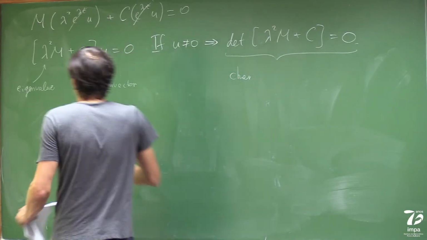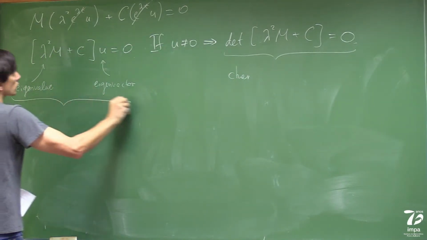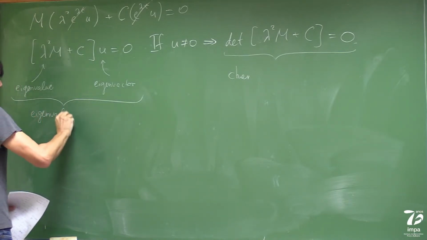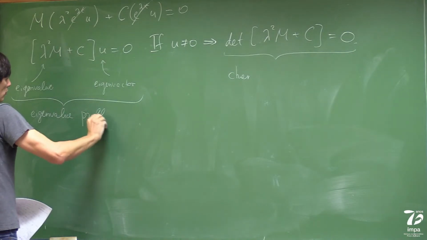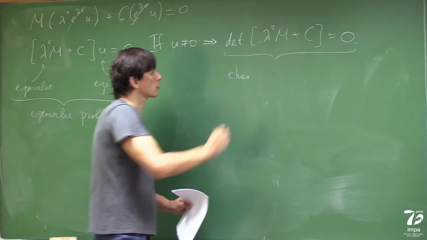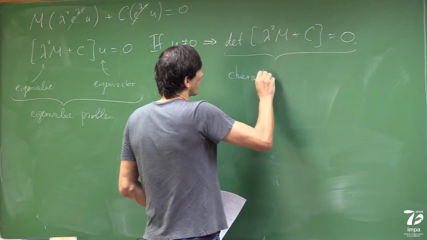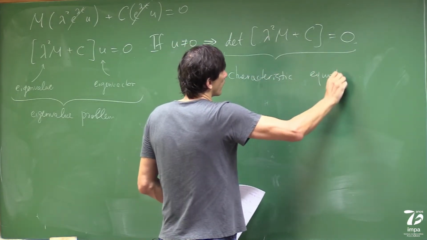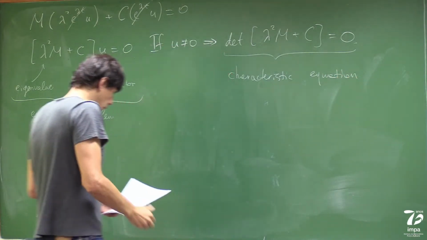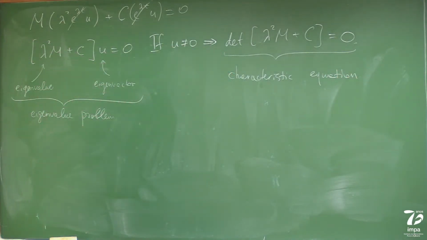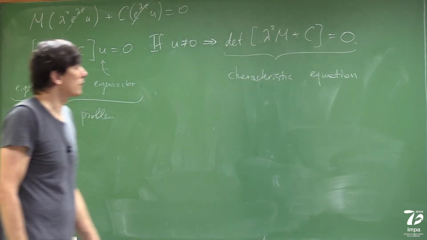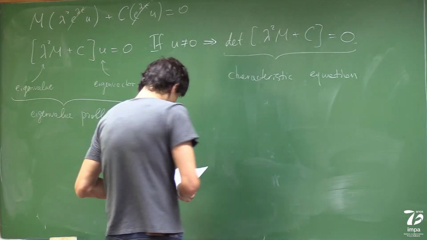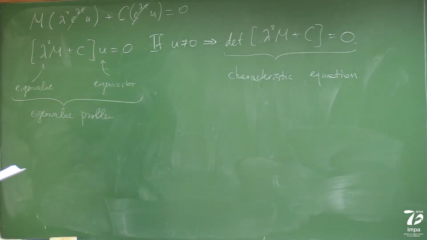So the whole equation will be the eigenvalue problem, and this will be called characteristic equation. We give name to every piece of it because this is what we get regularly in all other problems as well, in different forms, but with the same meaning.